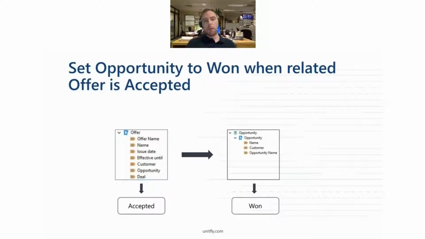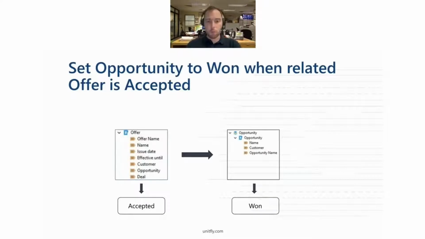When we send an offer to a customer and it is accepted, and we have all the offers in M-Files, when somebody from the sales department, a salesperson, sets that offer to accepted, we will set the related opportunity to 1. So we have the property opportunity in the offer class, and we will set this related opportunity to 1.